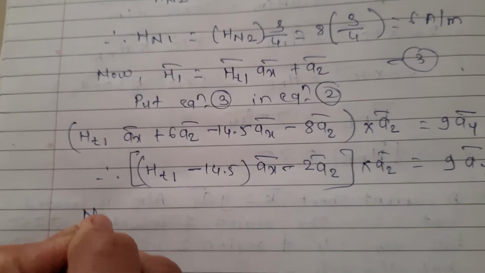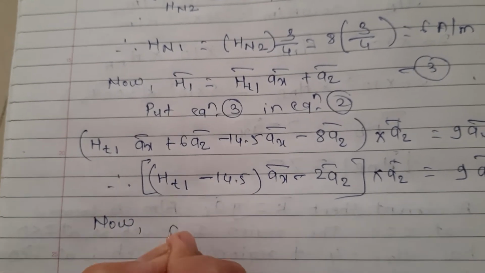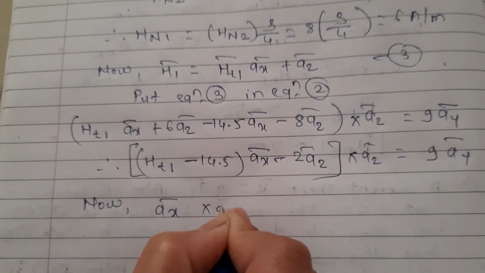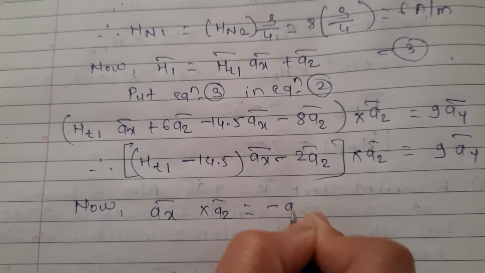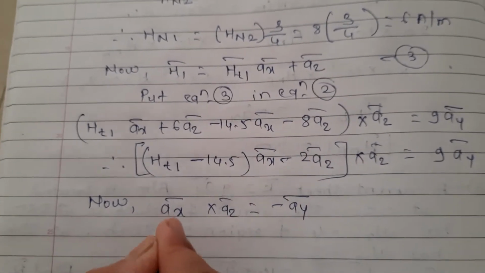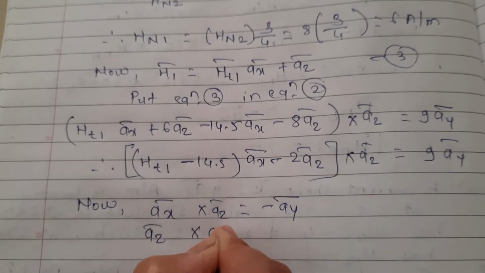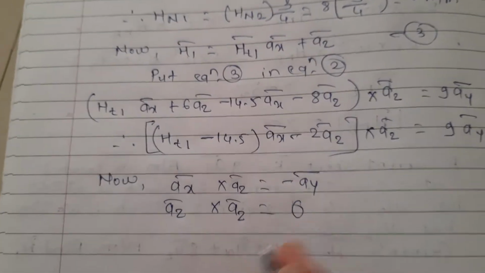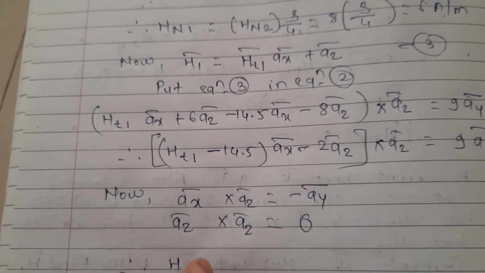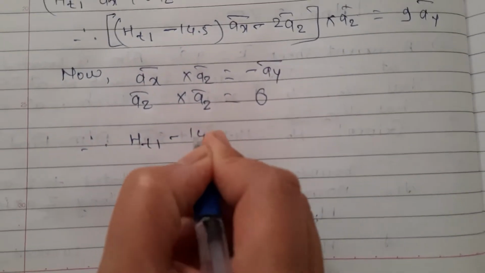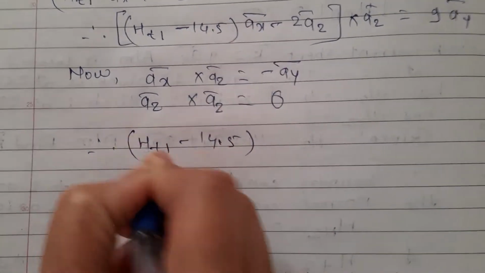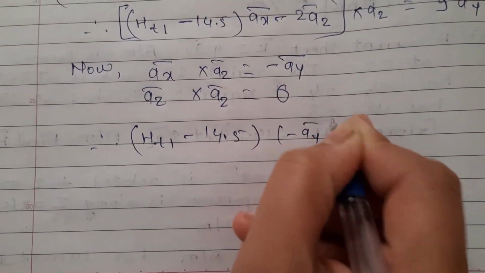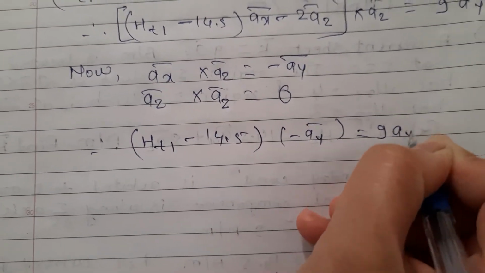But we have aX bar cross aZ bar is equal to minus aY bar, and aZ bar cross aZ bar is equal to 0. So we can write (Ht1 minus 14.5) into minus aY bar is equal to 9 aY bar.